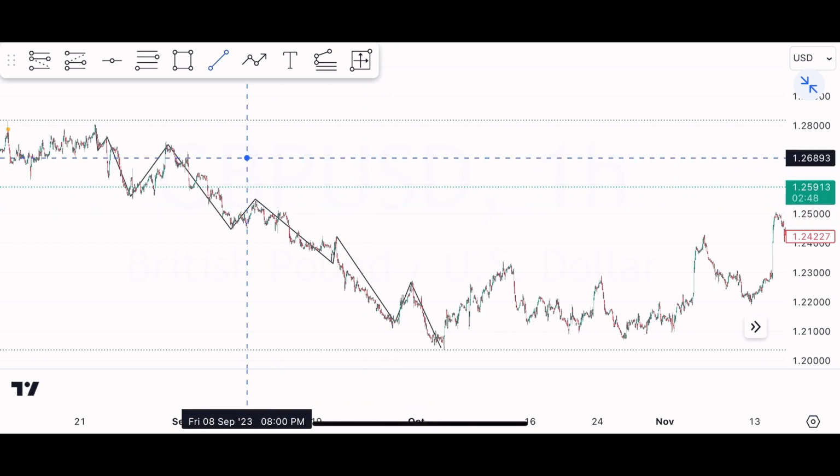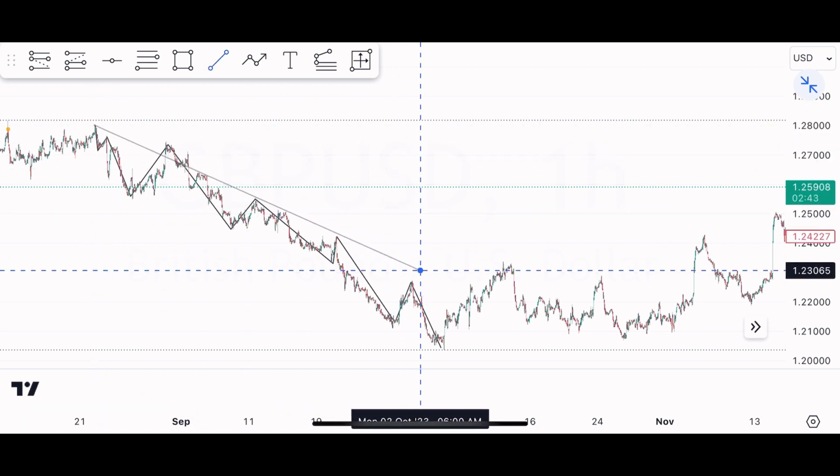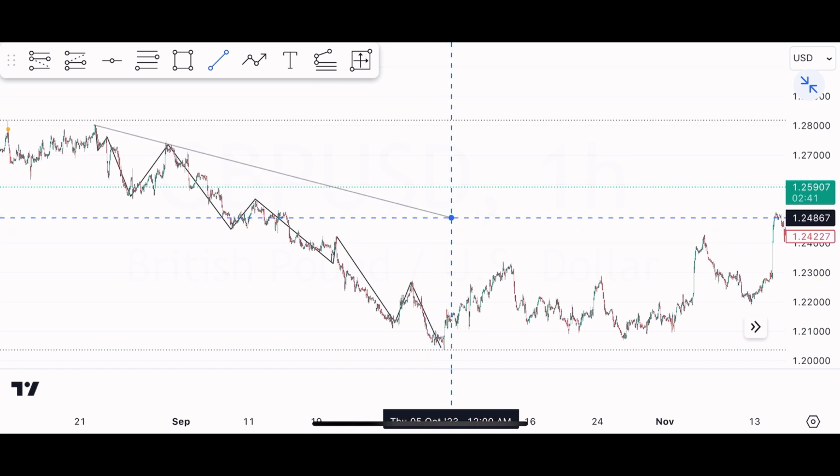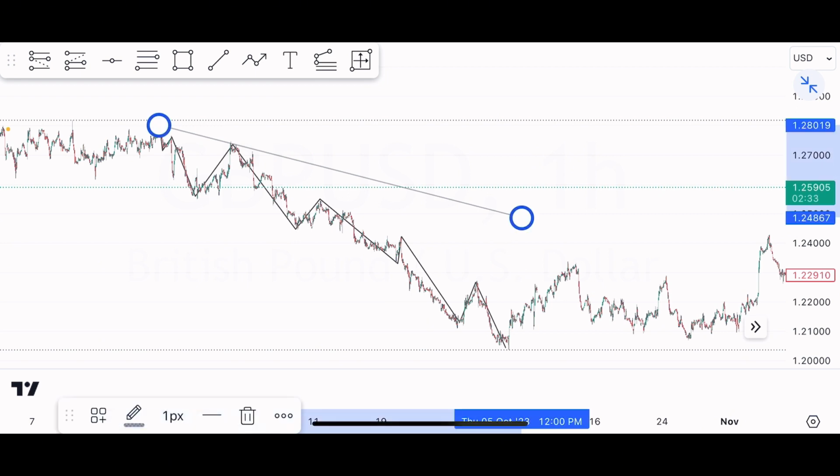Here you have your bearish trend formation, because we can see that the market is creating a series of lower lows and lower highs. We can see the market is bearish, so we want to look for more sells.